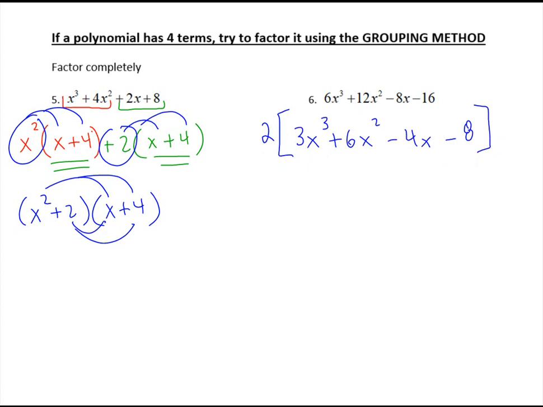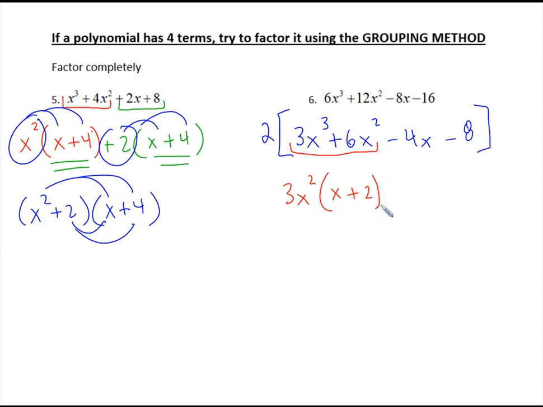And then I'm going to factor by grouping since I have 4 terms. I'm going to group the first 2 terms together and take out the GCF, which I see is 3x squared. So that'll leave me with x plus 6. Oops, not 6. x plus 2.